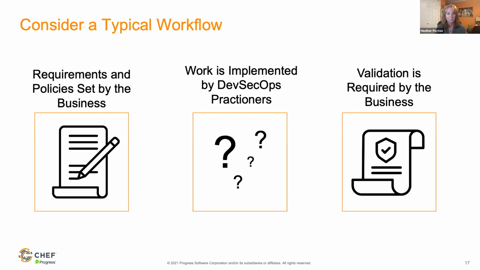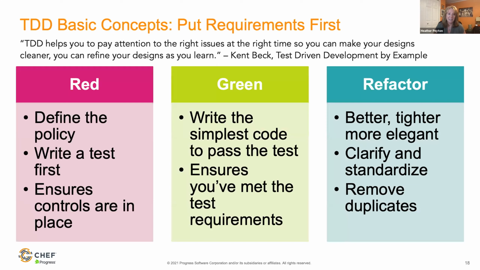So back to TDD basic concepts. If you read about TDD, you're going to see these common phases. The process of TDD is, one, the test is defined first. You write the test first, and this is really critical, because by writing the test first, we're confirming the business requirements.